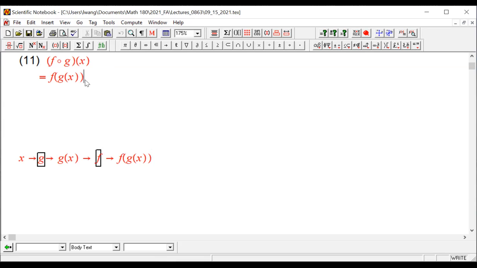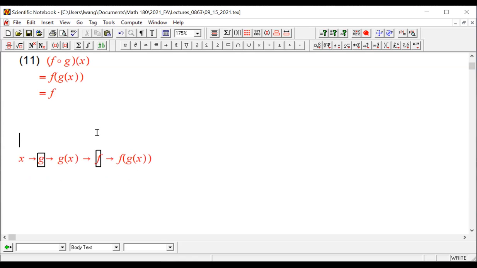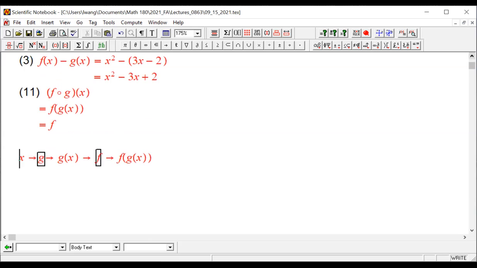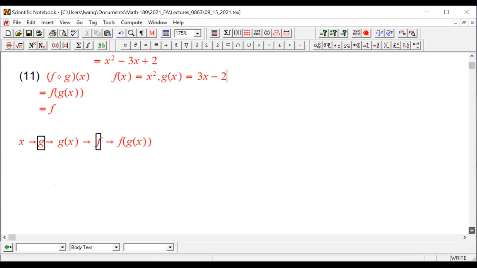Mathematically, we write it this way. So I'm going to put the functions next to us, for the convenience of explanation. F and g are there. So let's go back here and make it nice and clean.